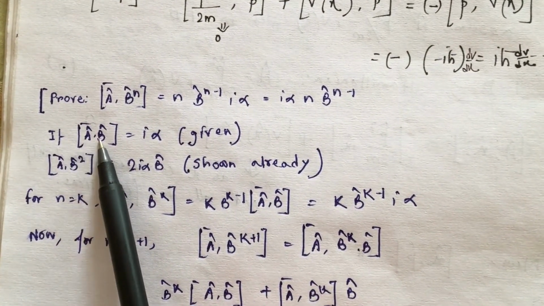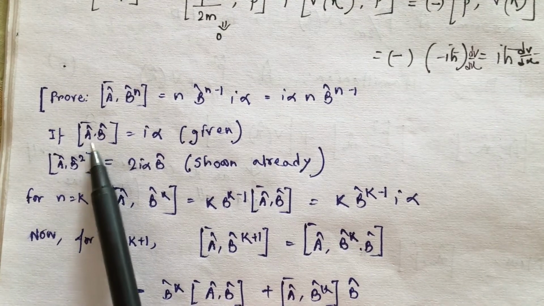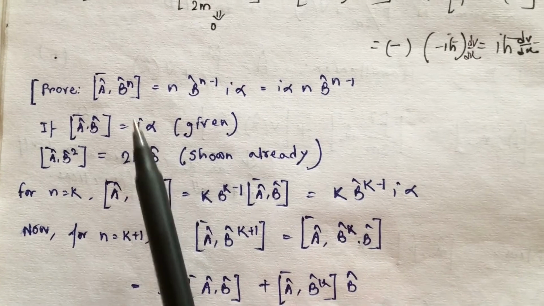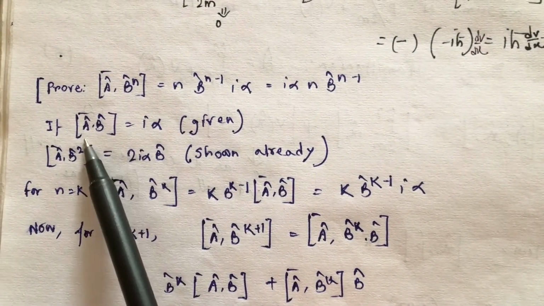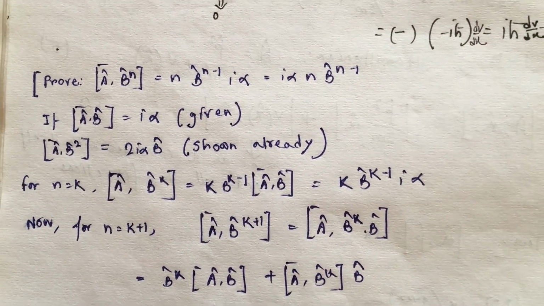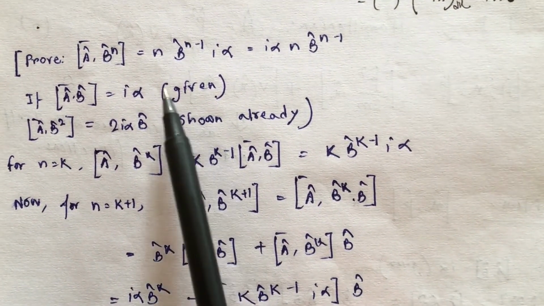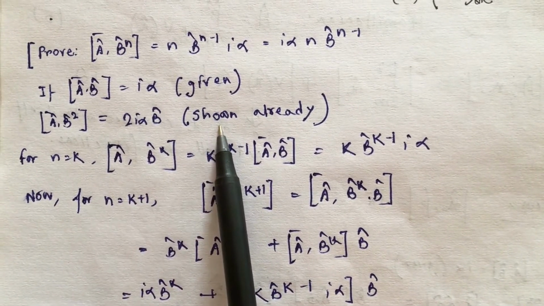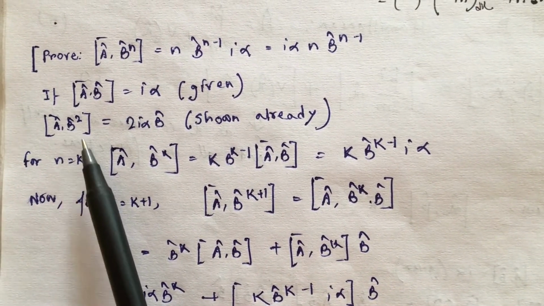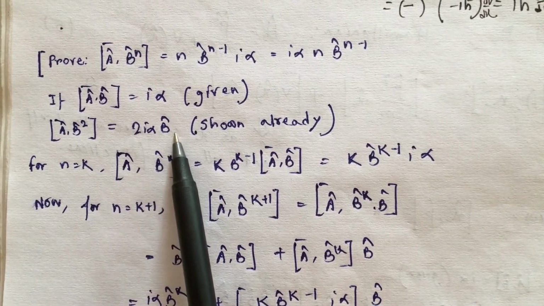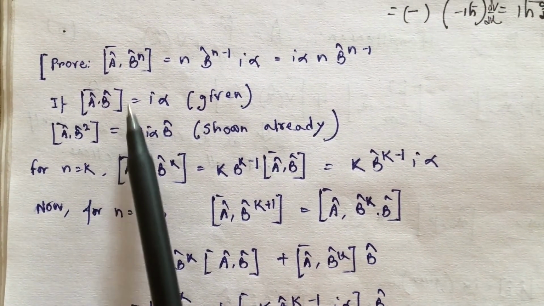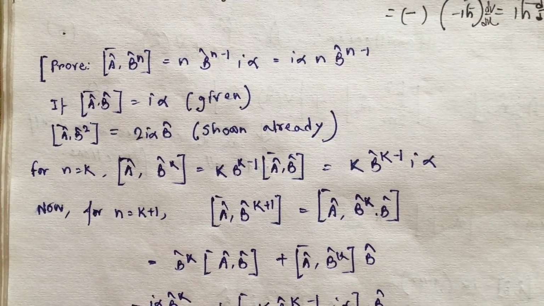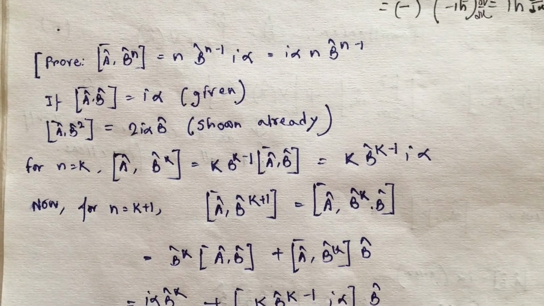If the commutation relation of AB is i alpha, then we have this, and I have proved this using this commutation relation of AB equal to i alpha, that is given. I have proved this equation. I have shown already that the commutator of A with B square gives me 2 i alpha B. Now here instead of n I have put k. K could be anything like 5, 10 or maybe 100, anything.